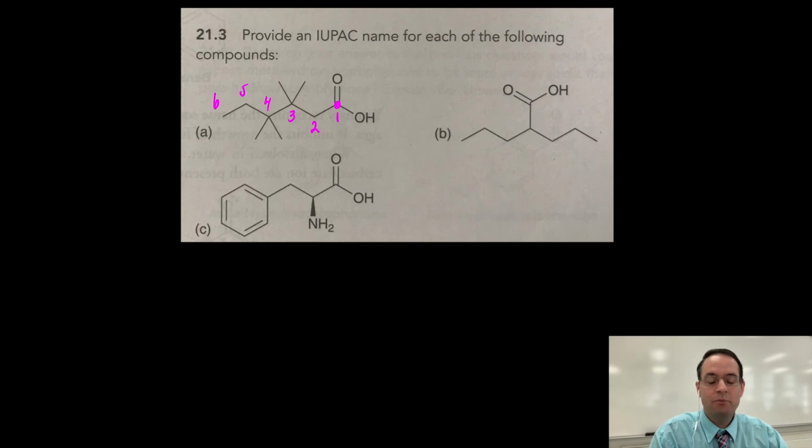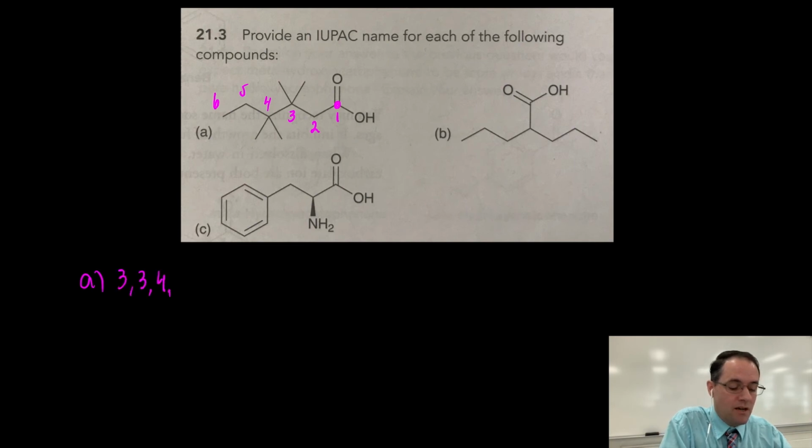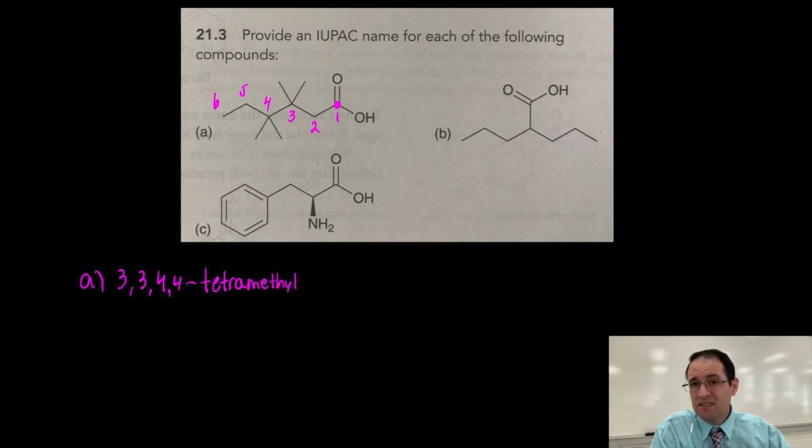And so here we have 2 methyl groups at carbon 3 and 2 methyl groups at carbon 4 for a total of 4. So this is going to be a tetramethyl, okay? Now remember, you need a number for every single methyl group. So we need to do 3, 3, 4, 4, and then write in tetramethyl. Okay, 6 carbons is hexane.